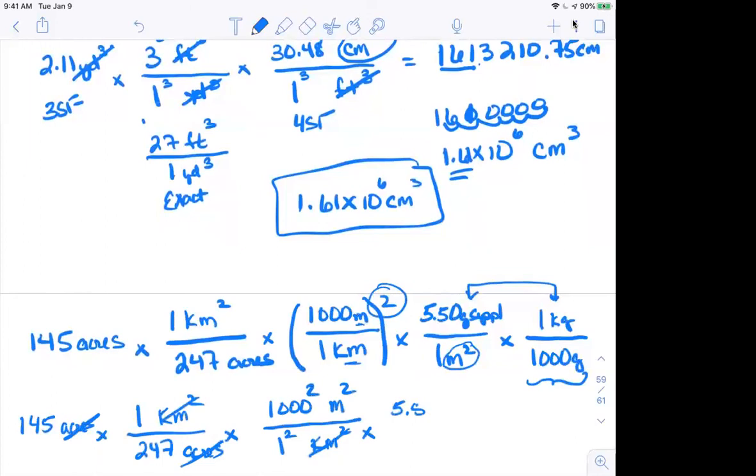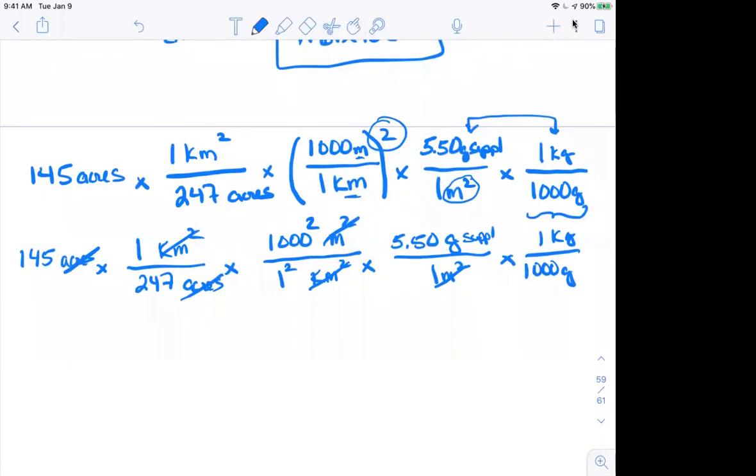Times 5.50 grams of my supplement over 1 meter squared. So that cancels out. And then I need kilogram. So I'm going to use the conversion factor: for every 1 kilogram, I have 1,000 grams. So now I just do the math. And what I end up with is 3228.7 kilograms.